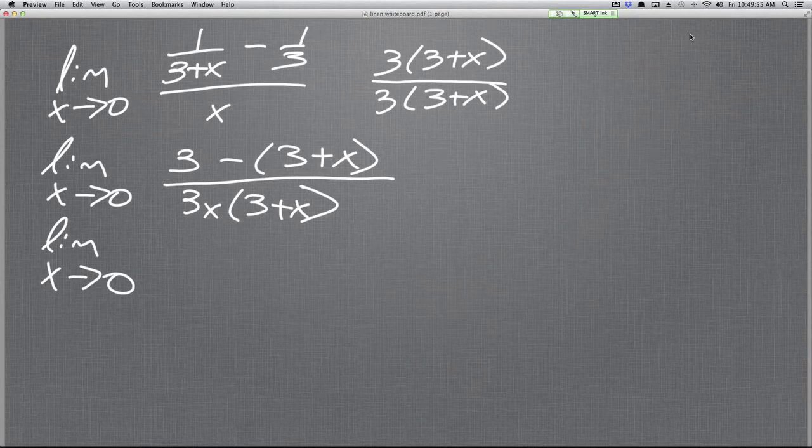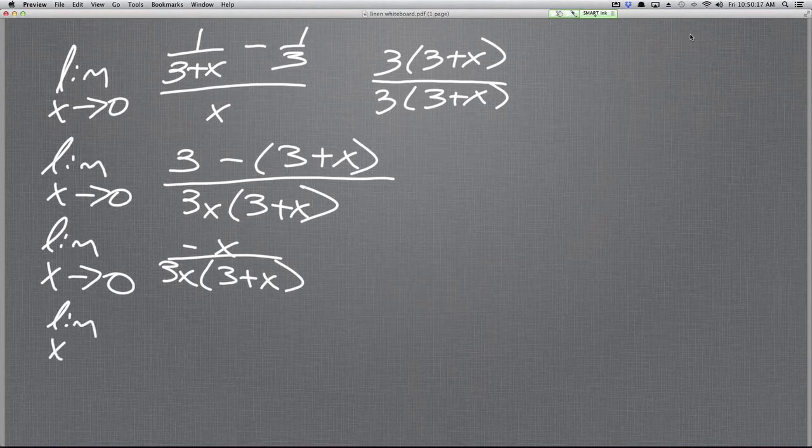So we'll distribute the negative. My 3's are going to cancel and leave me with a negative x on the top, and that gives me that. Now you can plug in? I can't plug in yet because I haven't canceled anything. I just simplified the top. But what can I cancel? X. Okay, now you can.